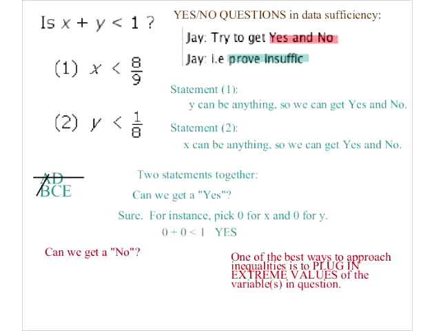Because this is true with real life inequalities as well. Like if you want to know whether a bungee cord will hold people from 100 to 300 pounds, you would try a 100-pound person and you would try a 300-pound person. Those would be the first two you would probably try. So plug in extremes.